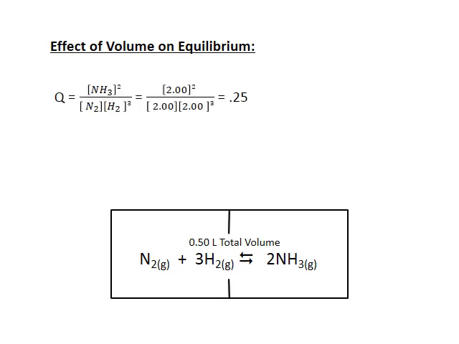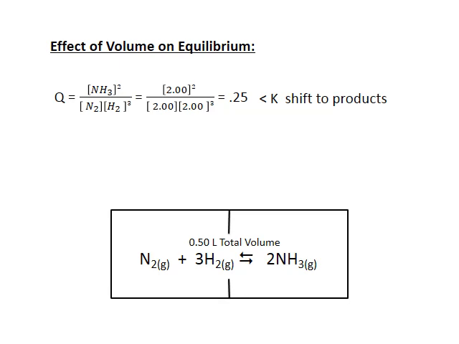When I plug all those numbers into the equilibrium constant expression, I get a different number. I get 0.25. So I'm not at equilibrium. That's why I wrote Q, because I had a question about whether that was going to be the case. Q is less than K, so that means it's got to shift towards the products. That's the mathematical way of looking at this.